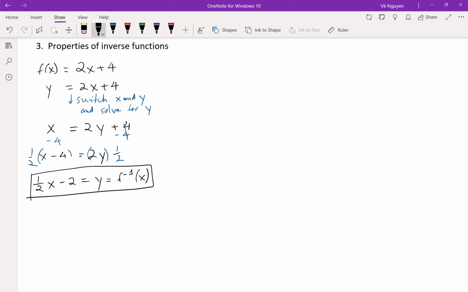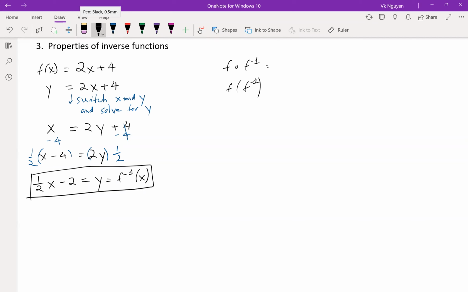So what are the properties here? The first property is if we do F circle F inverse, let's see what we have. Now there is F of F inverse.